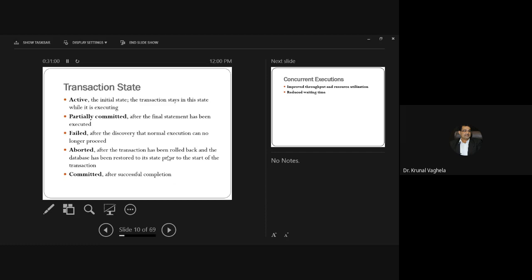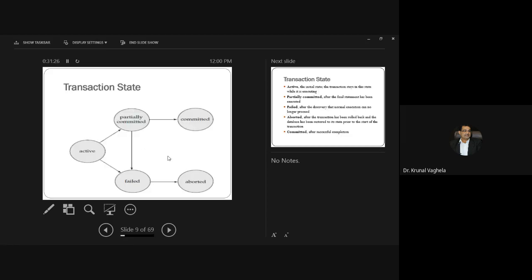Aborted is after the transaction has been rolled back and the database has been restored to the state before the start of the transaction. If the transaction is aborted, all the intermediate changes it has done are restored to the starting point. Committed is after successful completion of the transaction. In your exam, it may be asked only to draw the diagram: draw the 5-state diagram of transaction state.